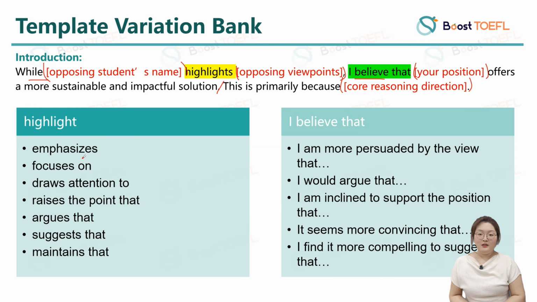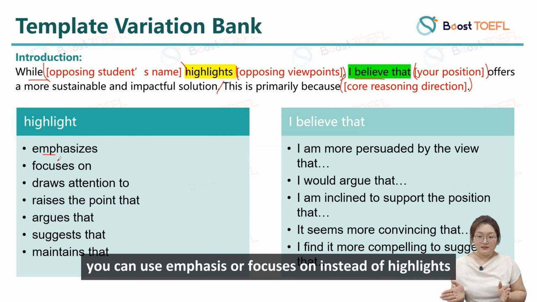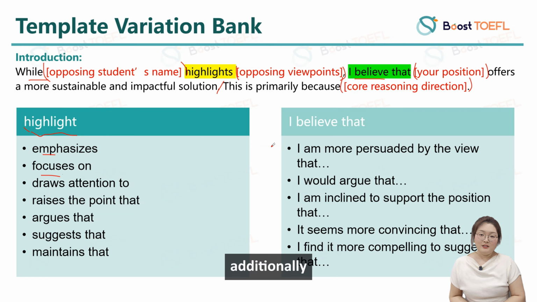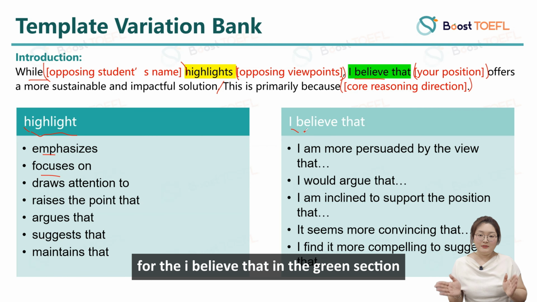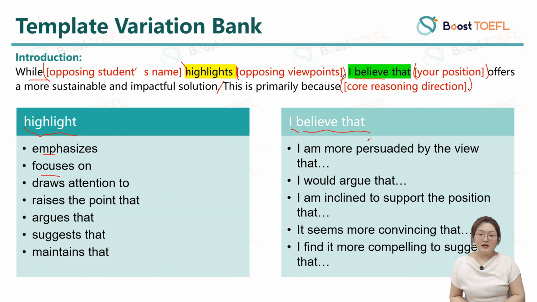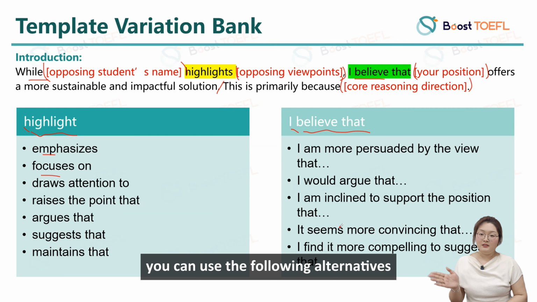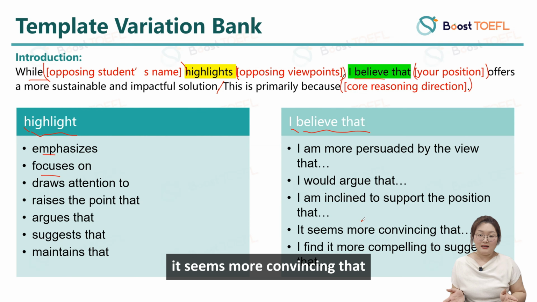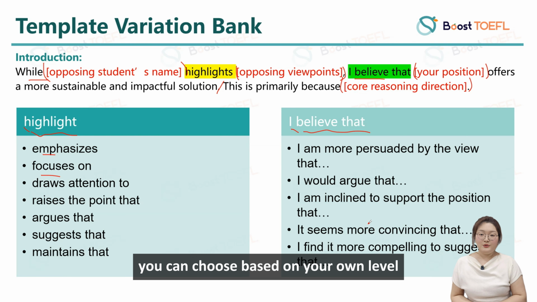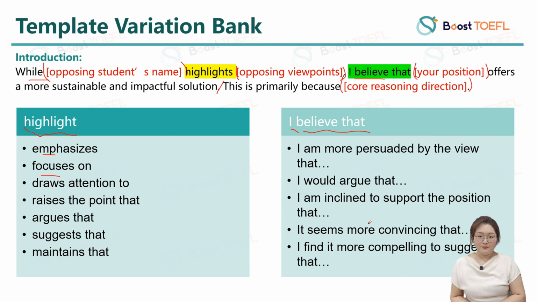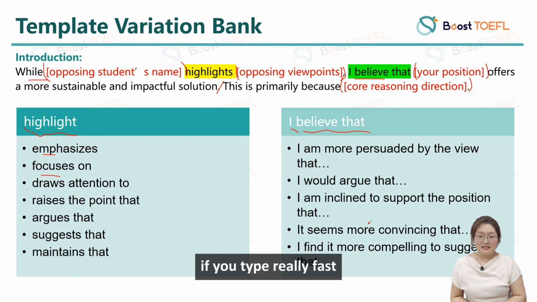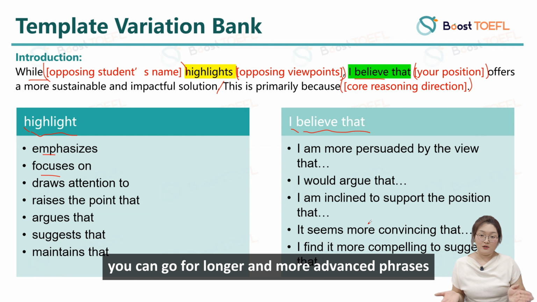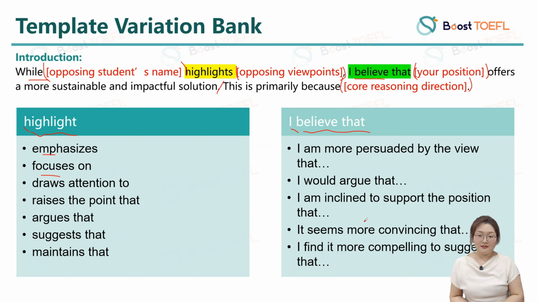For example, you can use emphasis or focuses on instead of highlights. Additionally, for the I believe that in the green section, you can use the following alternatives. For instance, it seems more convincing that. You can choose based on your own level. If you type really fast, you can go for longer and more advanced phrases.